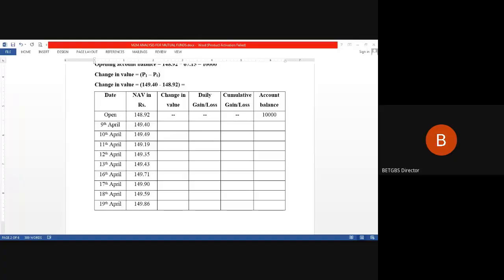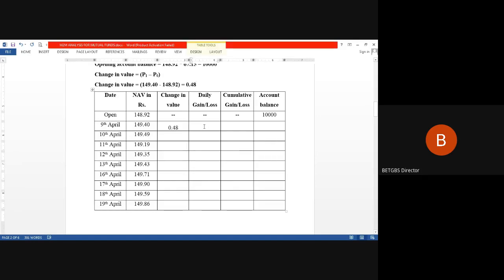So it is 149.40 minus 148.92. So the change is this much, 0.48.